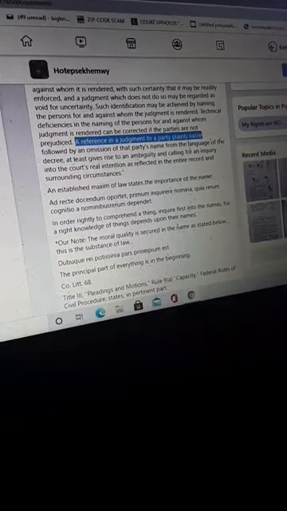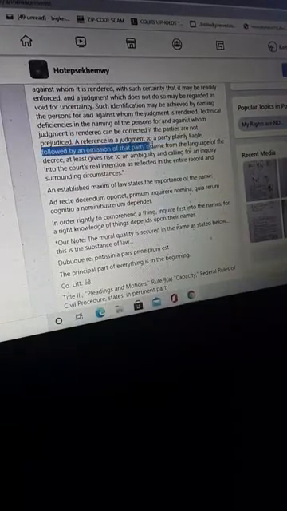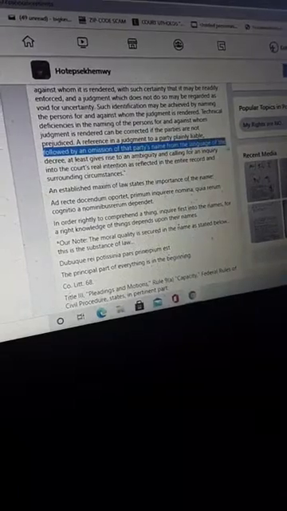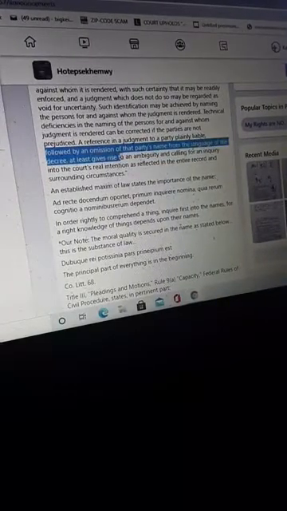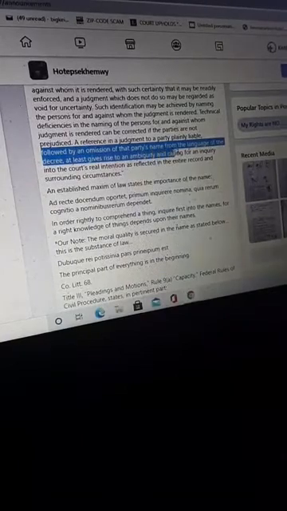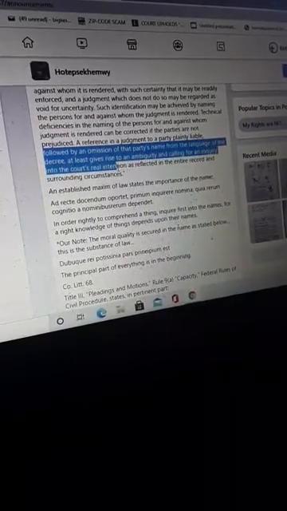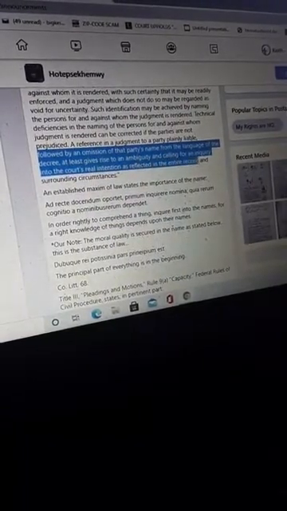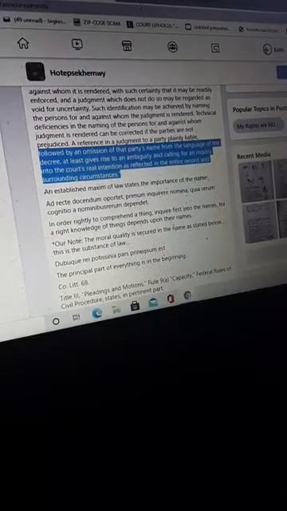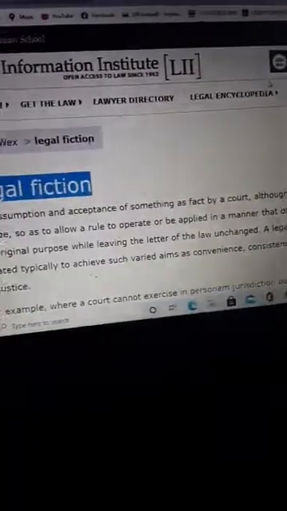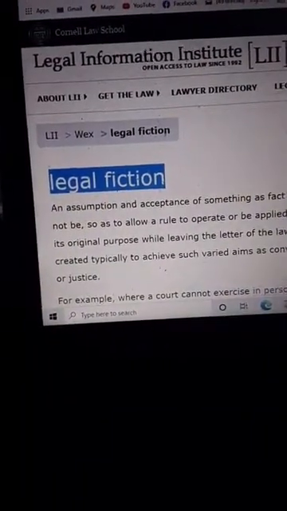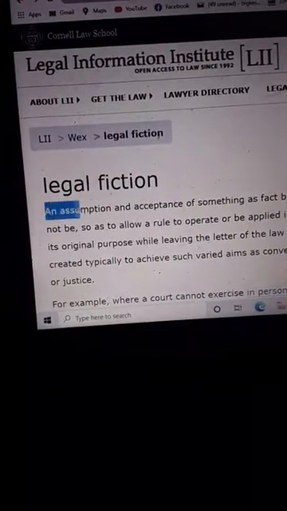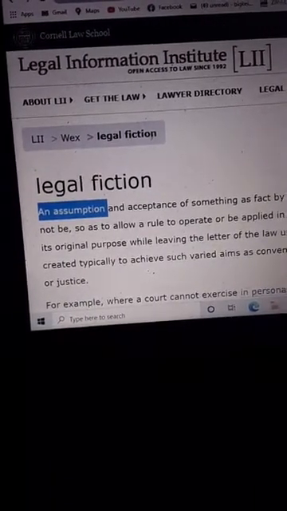A reference in a judgment to a party liable, followed by an omission of that party's name from the language of the decree, at least gives rise to an ambiguity calling for an inquiry into the court's real intention, as reflected in the entire record and surrounding circumstances, and they, like I said, will admit that they are performing a legal process by using legal fictions, which is an assumption. Pure and simple.